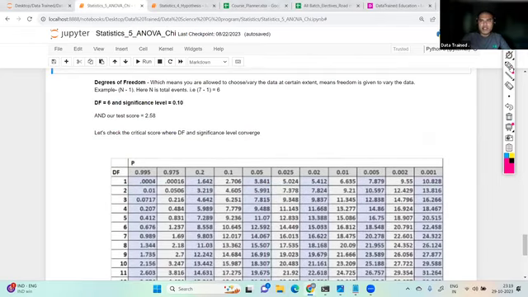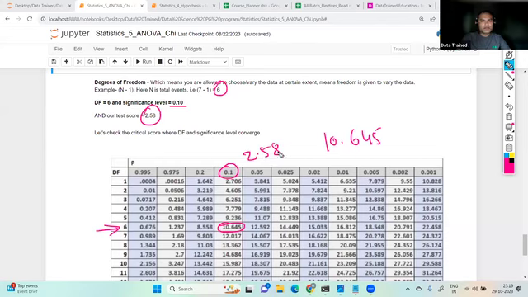So let's go ahead and check the table. What is the degrees of freedom? 6. What is the significance level? 0.10. So what is the value here? 10.645. What do we have as our test score? 2.58.